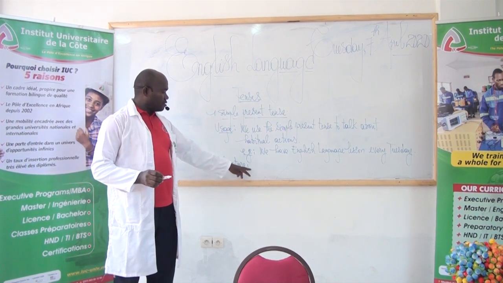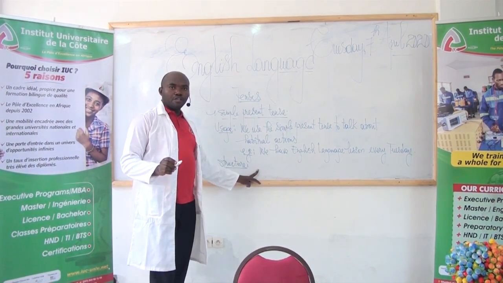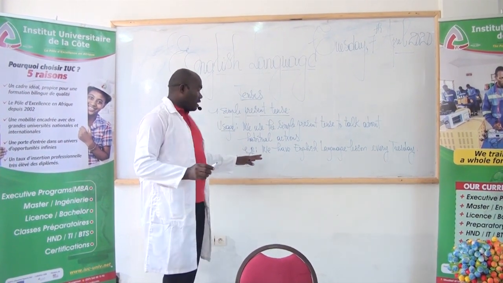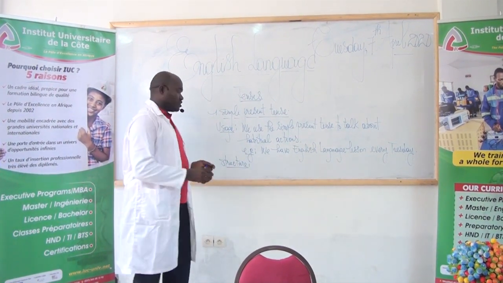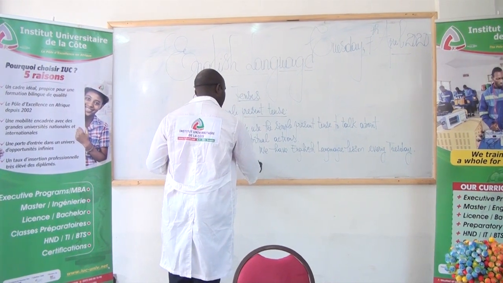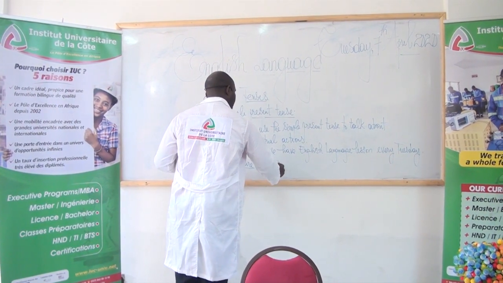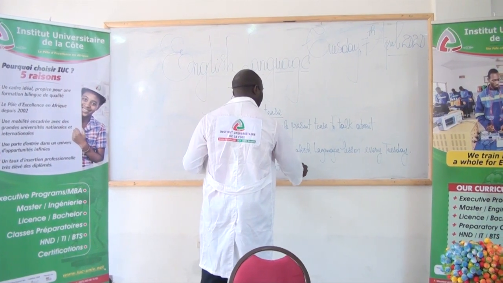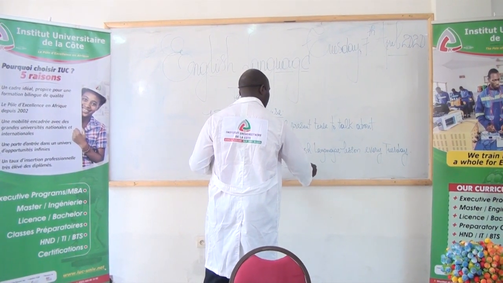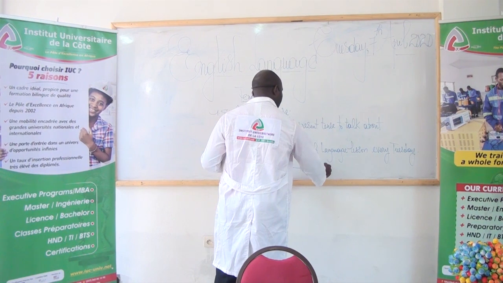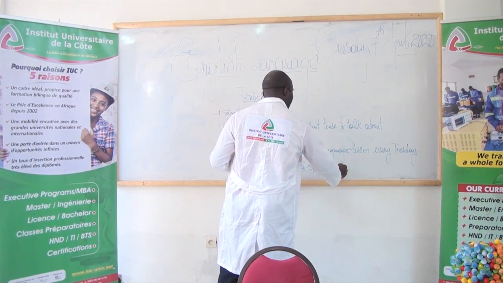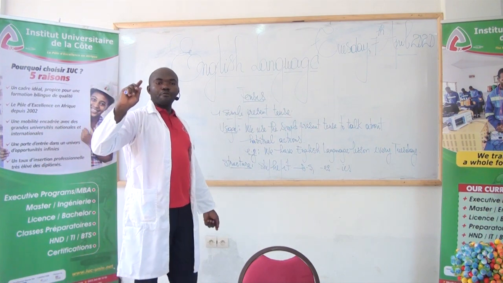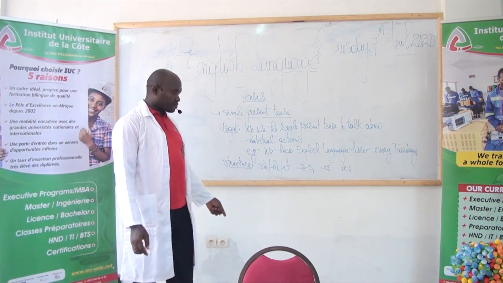whenever you conjugate a verb into the simple present tense, at the third person singular, the verb can either take S, ES, or IES, depending on the type of verb you are conjugating.